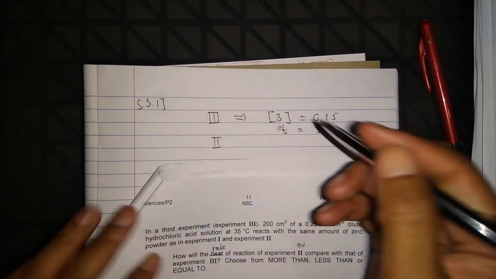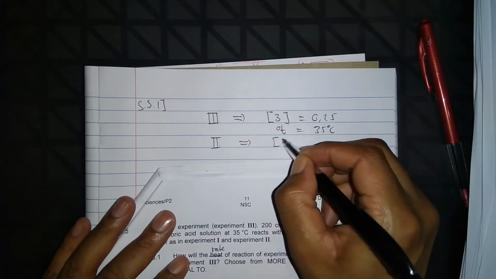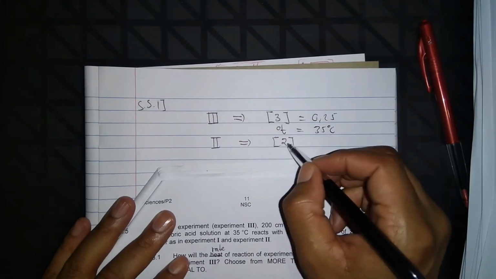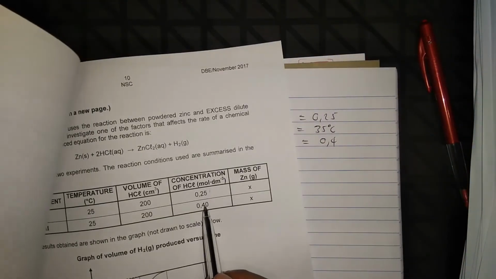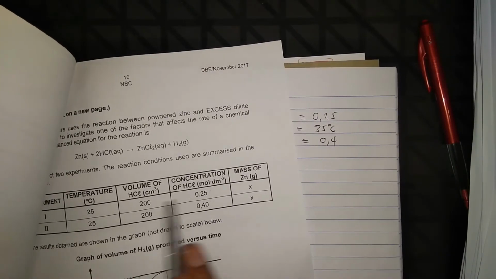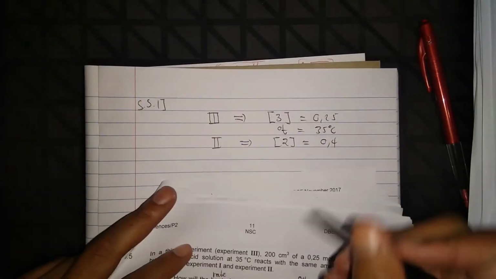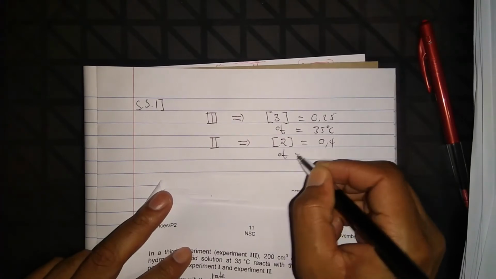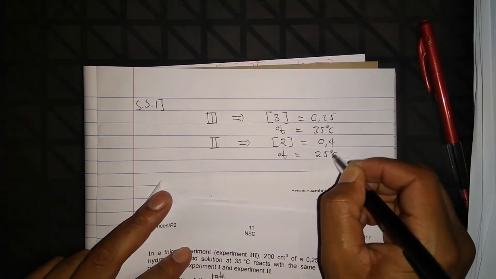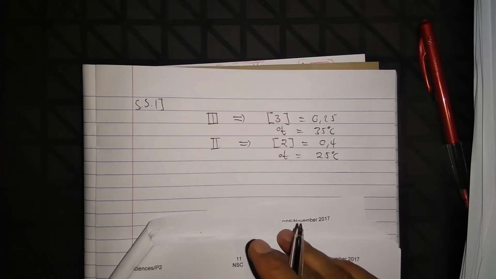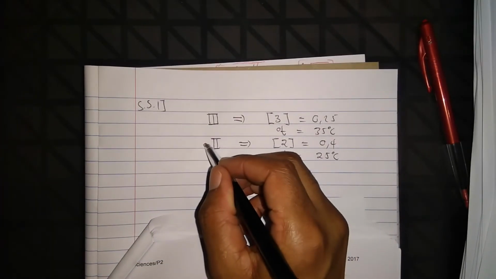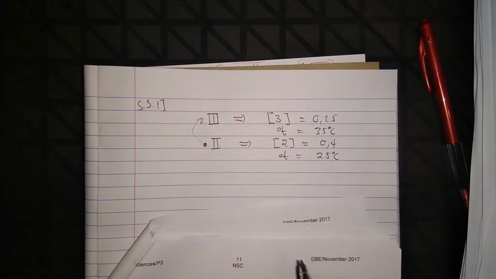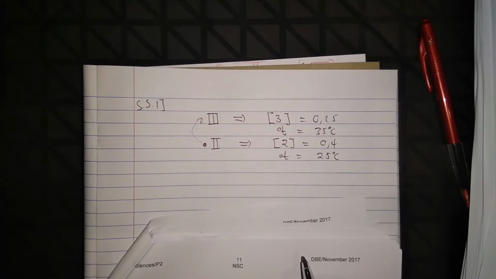Choose from more than, less than, or equal to. The concentration of experiment number 2 is 0,4 as shown on this table, and the temperature is equal to 25 degrees Celsius. How does the reaction rate compare to experiment number 3?